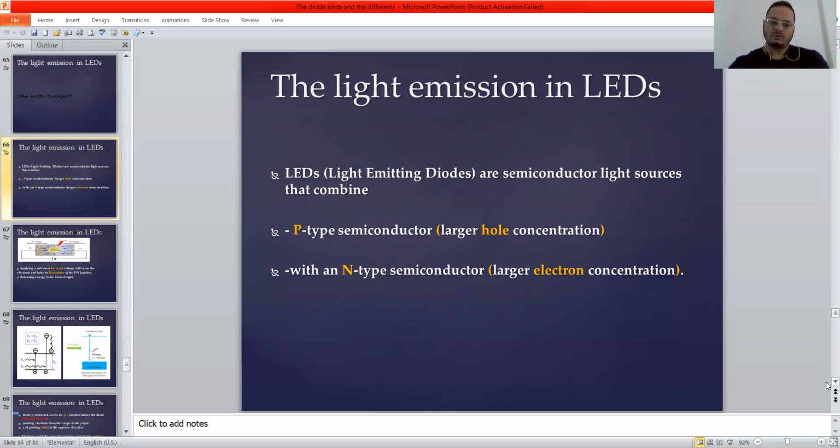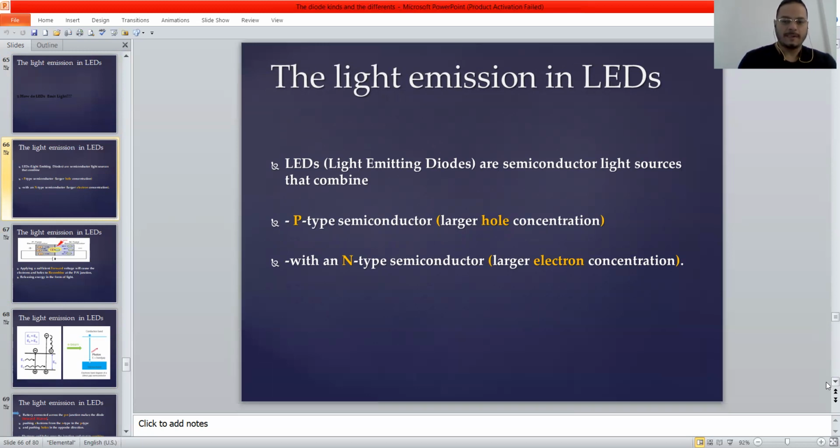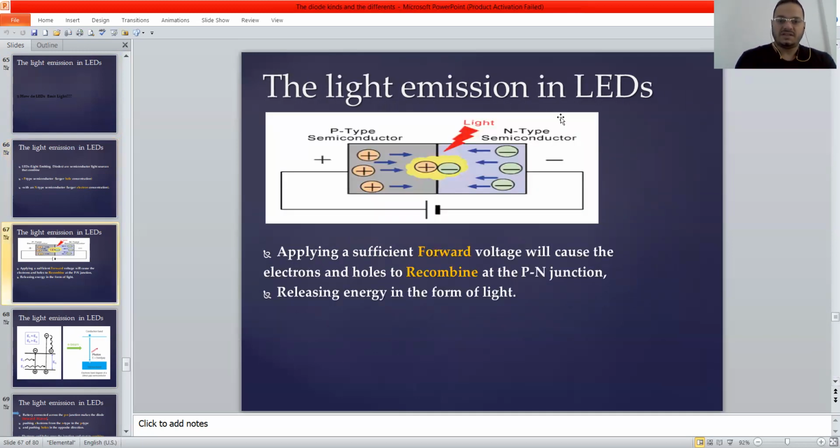Light emitting diodes are semiconductor light sources that combine p-type semiconductor, with many holes, and n-type, with many electrons. By recombination between the majority from N and the majority from P, it can emit light.